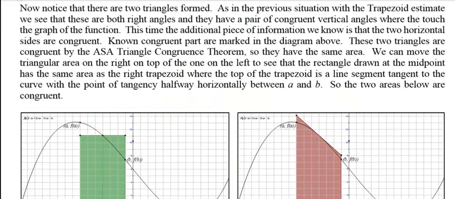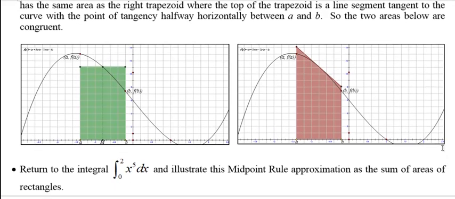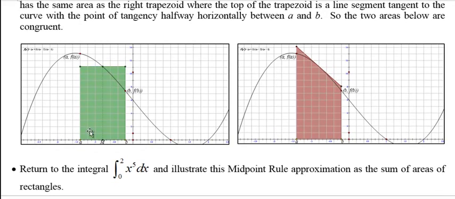So, the midpoint rule directly gives us a rectangle here, but it's also equivalent to the area of that trapezoid. So, compare and contrast with the trapezoid rule, which gives us a trapezoid going from endpoint to endpoint here, or to points on the curve, so it's a secant line across here, whereas the midpoint rule gives us a tangent line in the middle.